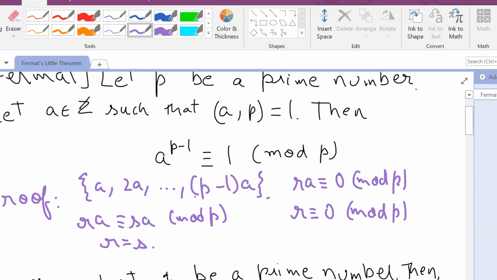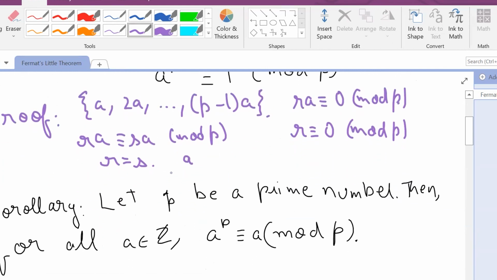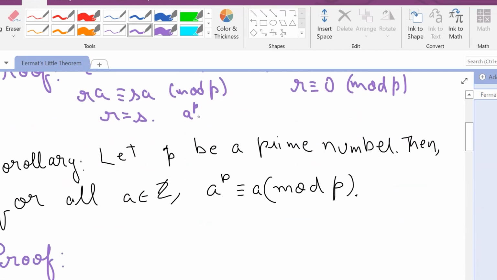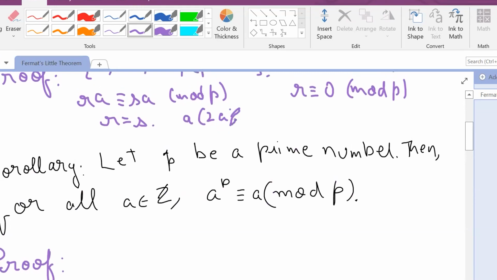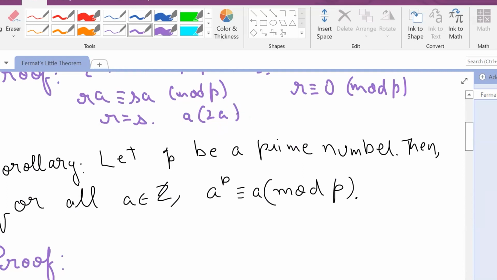Now, suppose we multiply all of these together. Consider A, 2A, 3A, until P minus 1 times A. As I pointed out, each of the remainders from 1 to P minus 1 occurs at least once, so all the remainders will occur.